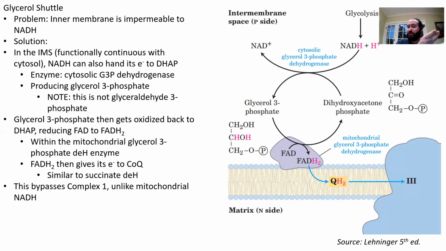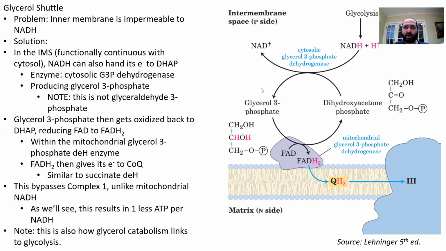So what's happening here is we're actually missing out on protons being pumped by complex 1. And as we'll see, this is going to result in 1 less ATP per NADH. If we take this shuttle, I don't know, it's like a bargain. It's a wish.com shuttle. So we're getting only FADH2 from NADH, essentially, and so we're going to lose out on 1 ATP.